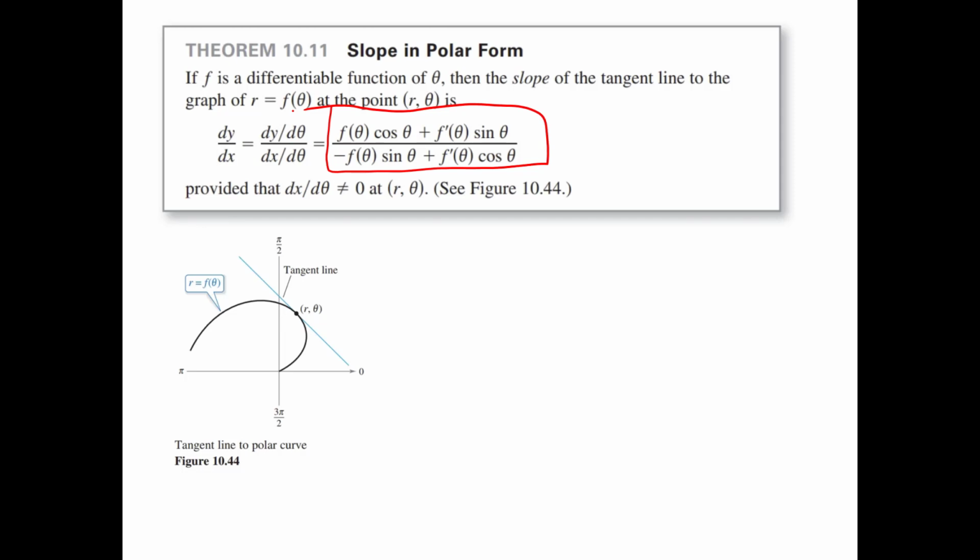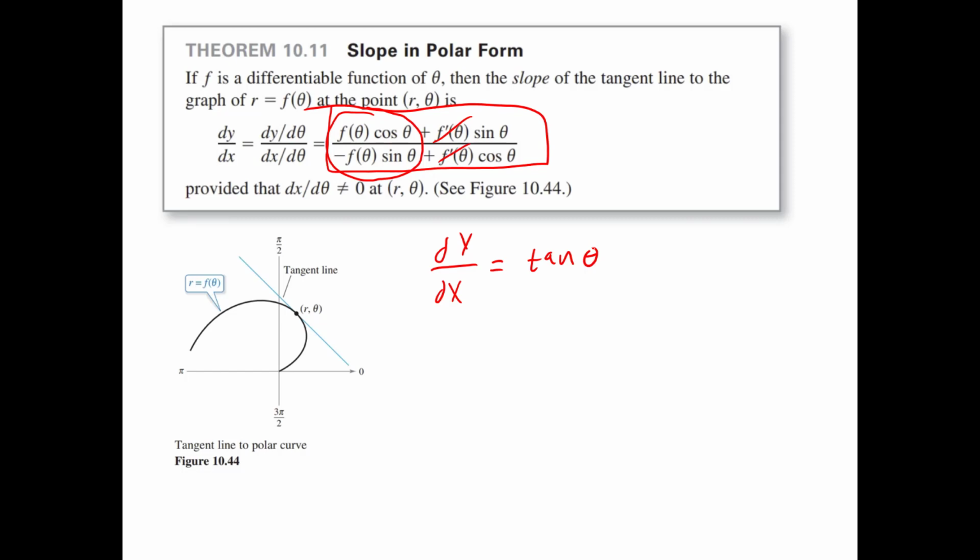Okay, now if you happen to be at the pole, then the only way you are at the pole is if your r value is 0. And so then if your r value is 0, all of this goes away. And then you can cancel out the f prime of theta. And so then dy/dx will equal the sine of theta over the cosine of theta, which is the tangent of theta. So the slope of your tangent line is the tangent of theta.